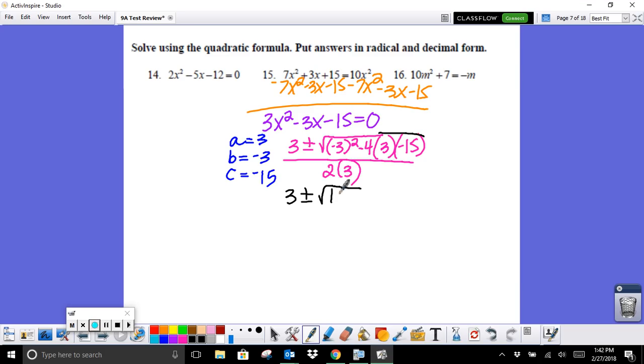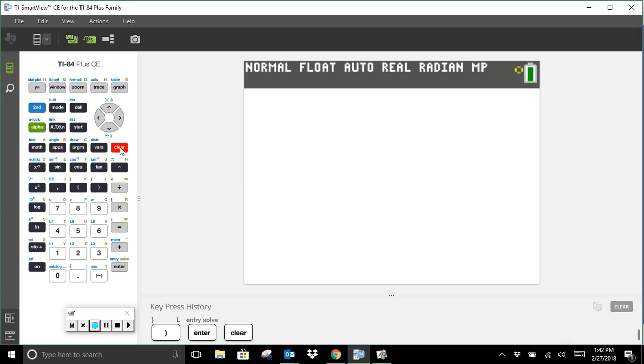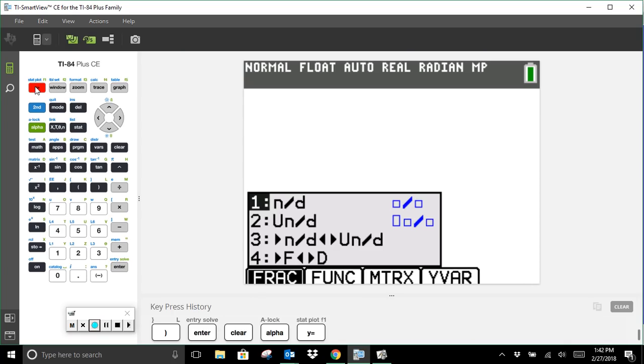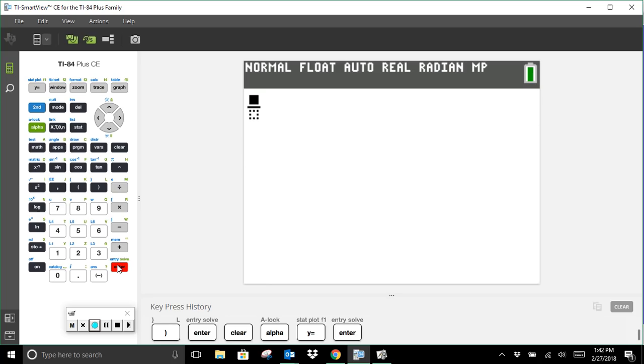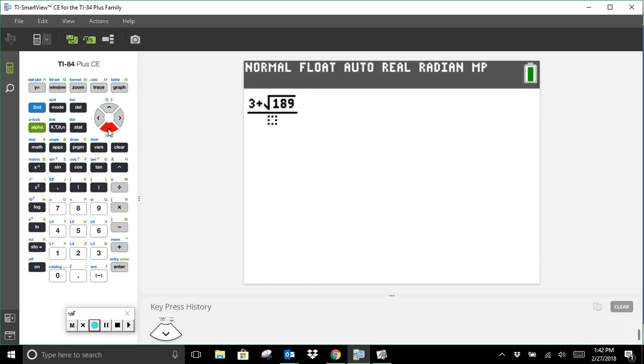If we ask you for your exact answer, your radical answer, this would be it. X equals this stuff. But if we want your decimal answers, we go back to our calculator. You can hit alpha, y equals, and enter, and that'll get you your fraction up. I'm going to type all of this in: 3 plus the square root of 189, and on the bottom the 6.